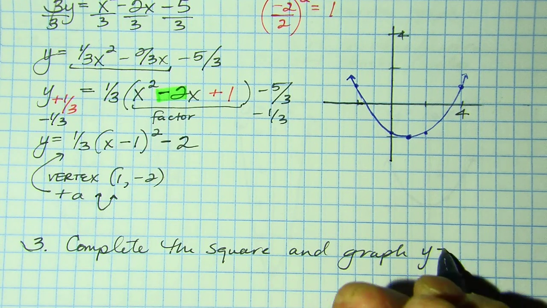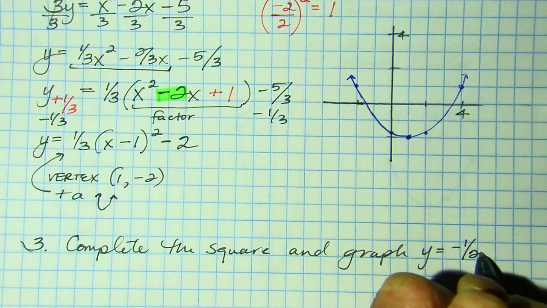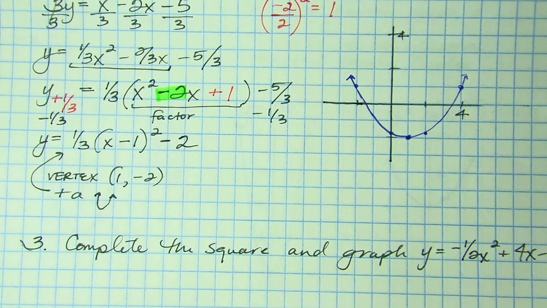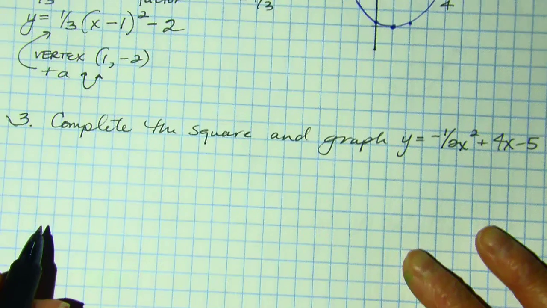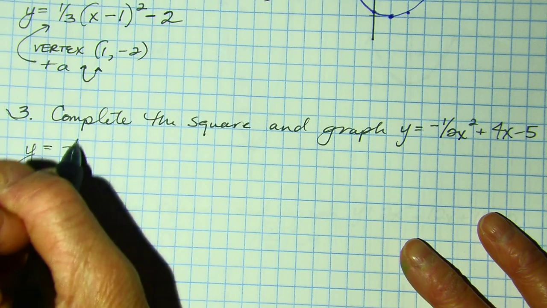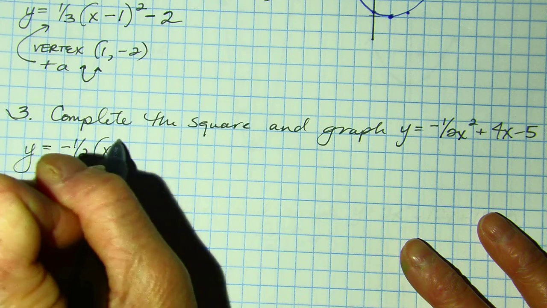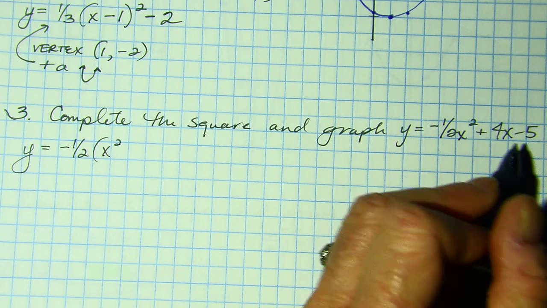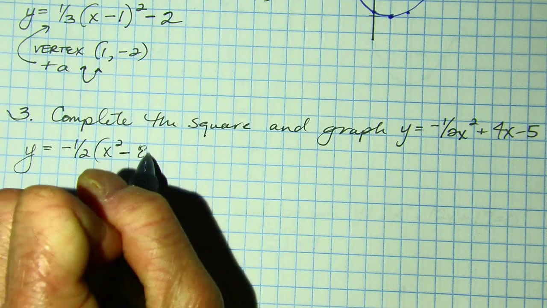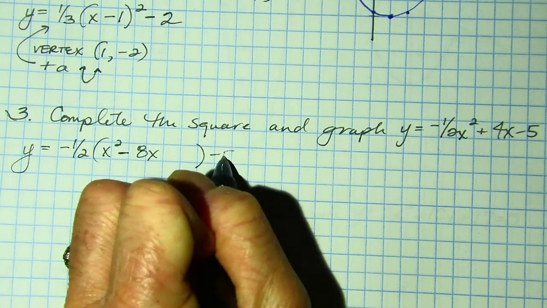We're going to complete the square for y equals negative 1/2 x squared plus 4x minus 5. All right, so let's set it up. Factor that negative 1/2 out of the first two terms. So you could use your calculator. 4 divided by negative 1/2 is negative 8x. So different than what we think, right?